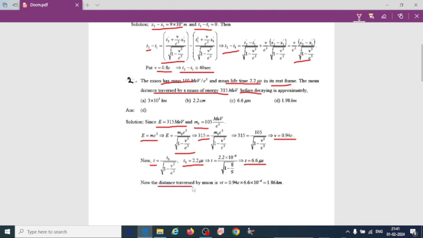The distance traveled by the muon is velocity multiplied by time. So time is 6.6 microsecond. If we multiply, we get the distance traveled by the muon, 1.86 kilometer. It is near to option D.